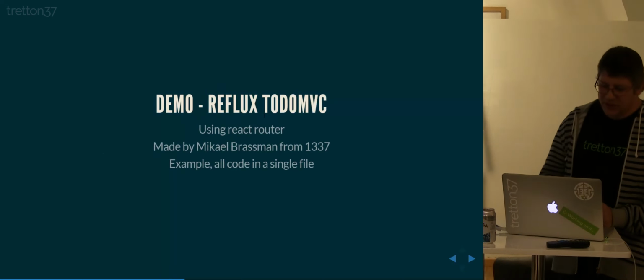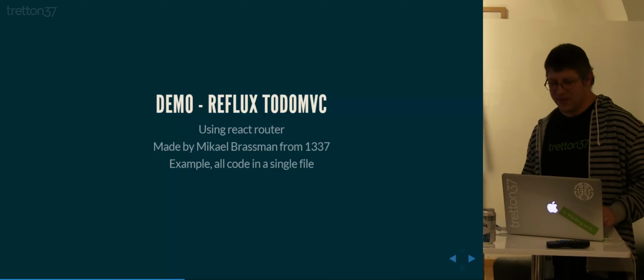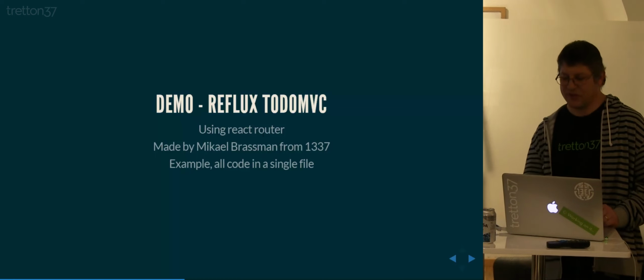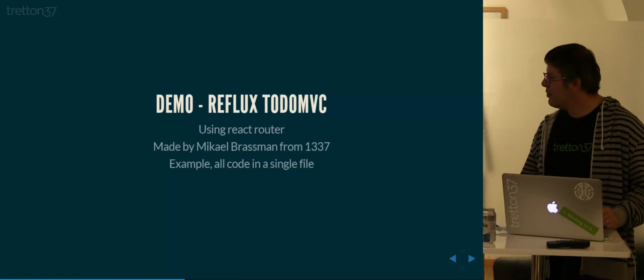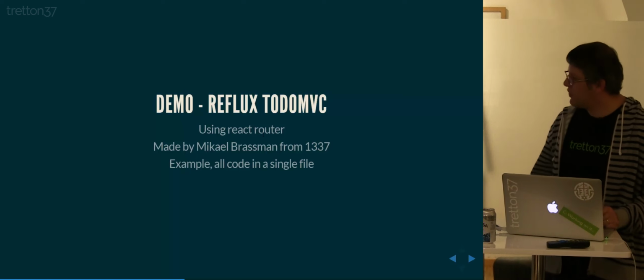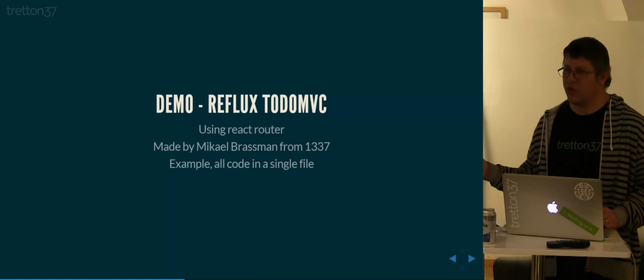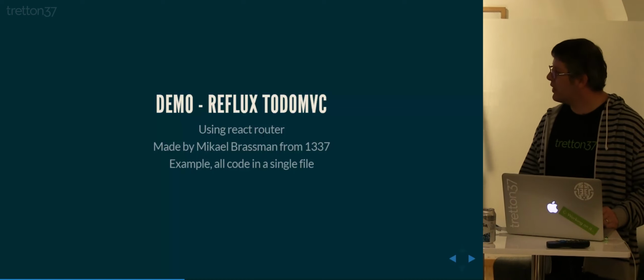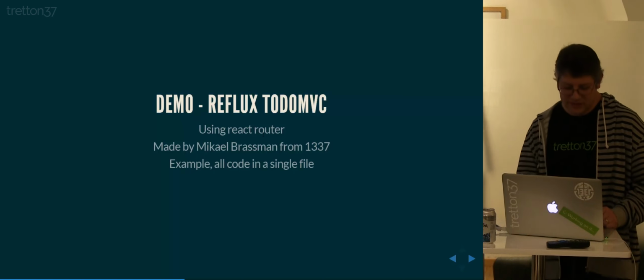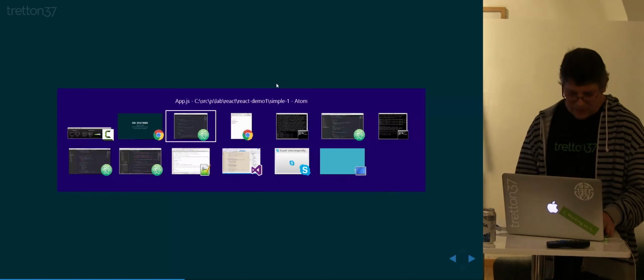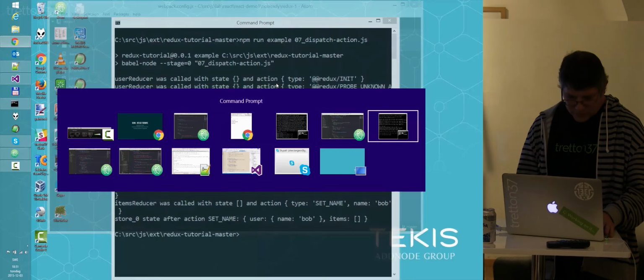So we can go into Reflux To-Do MVC, actually using the router. I will start by just showing the router. This is made by our colleague, Michael Brasman from 1347. This is also a small example, and it's available. You can search for Reflux To-Do MVC, and you will find it on GitHub.